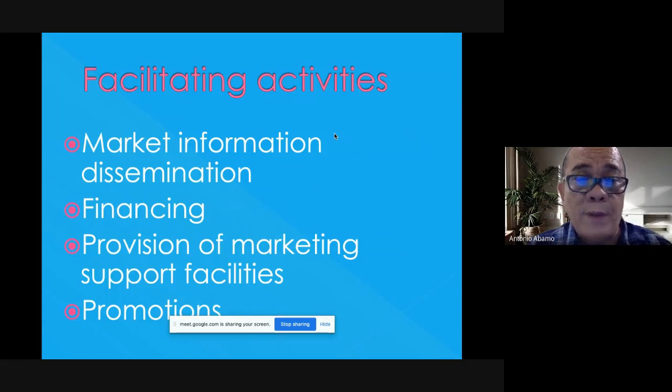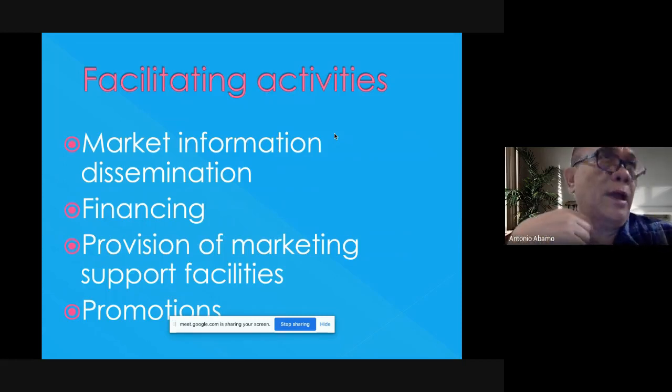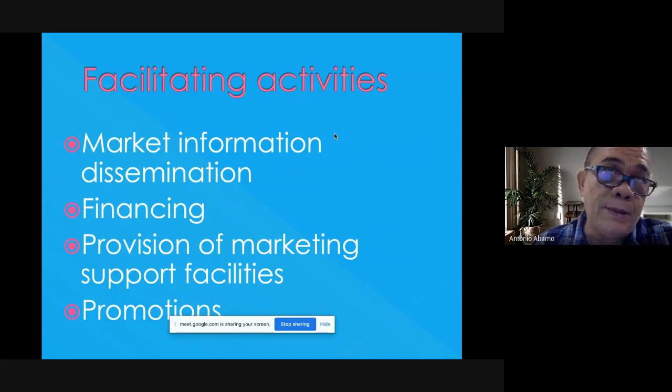If you're buying in bulk, you need letters of credit. That letter of credit is guaranteed by the financing institution, so you can consummate the selling process of the transaction. Provision of marketing support facilities, maybe cold chain facilities, you provide that. And then of course endorsement and promotion, that is a facilitating activity.